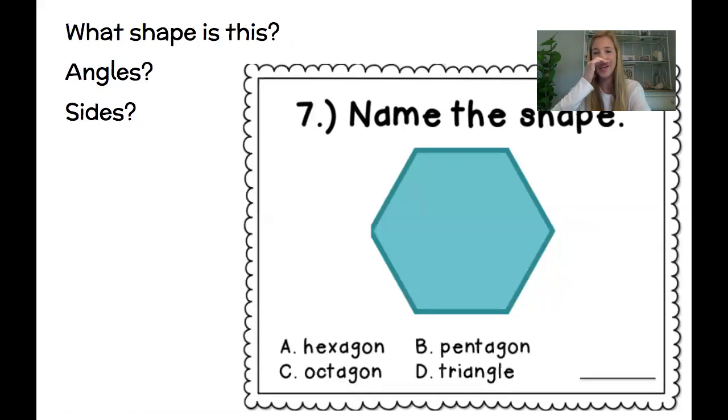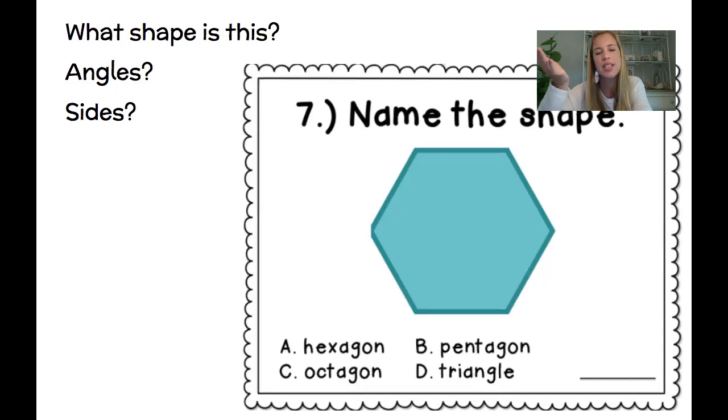Okay, the last one, name that shape. This one's tricky too. Okay, let's count the sides together. Here we go. 1, 2, 3, 4, 5, 6. So we have 6 sides here and 6 angles. I know it's not a pentagon. We already talked about that one. That's 5. It's not a triangle. That's only 3.